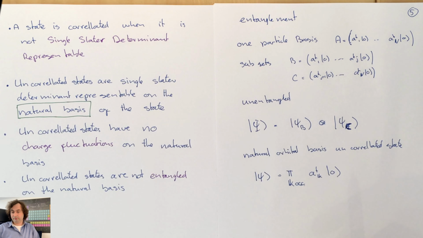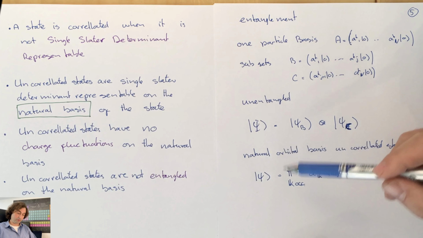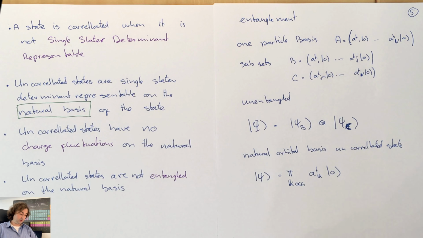So indeed we find that an uncorrelated state is not entangled on the natural basis, meaning that any subdivision of the natural basis gives you a state that is written as a product wave function, or the symmetrized product wave function on these subsets, and therefore not entangled.